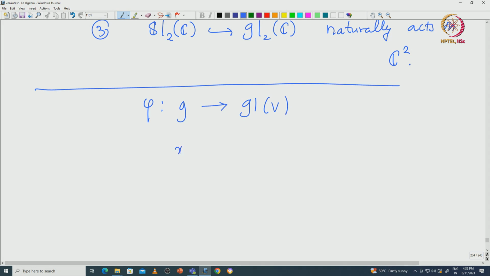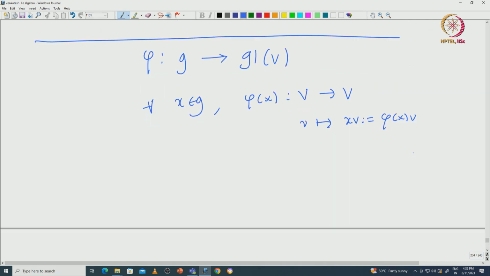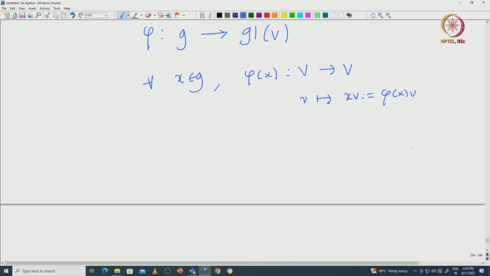Then for each x in G you have this phi x, which is a map from V to V. So, given v you have x v, which is defined to be phi x of v. This association takes an element of G and an element of V, and associates an element of V. The same information can be encoded as follows.